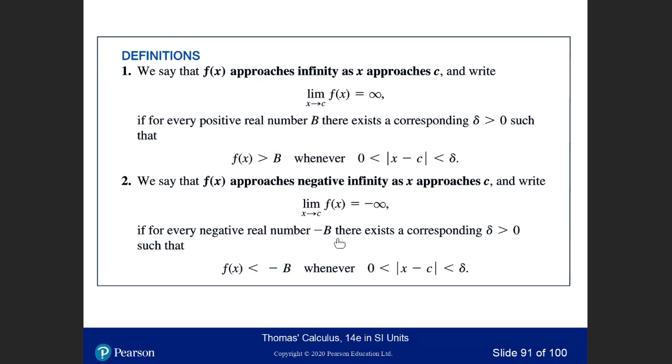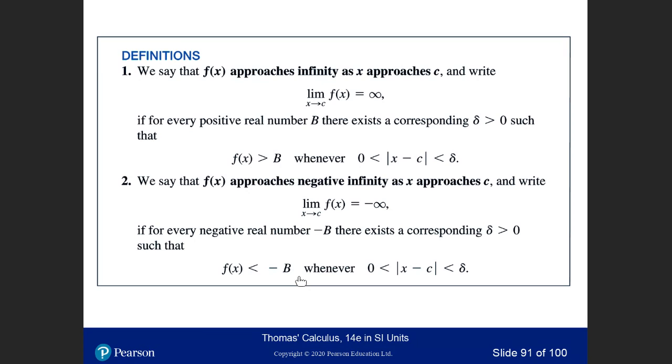If you give me this number, I can find a delta greater than 0 such that for all x in this interval, my function will be less than minus b, which means the absolute value of my function will be greater than the absolute value of b.